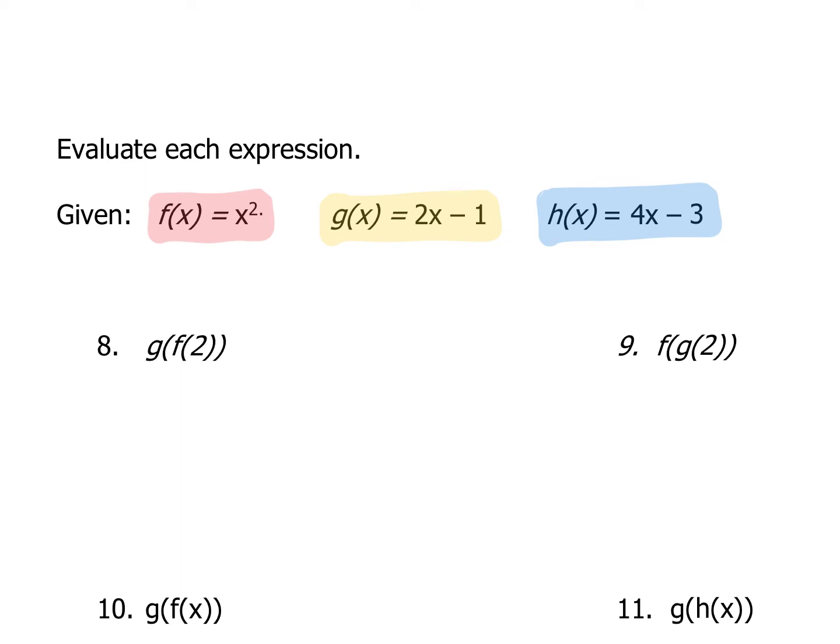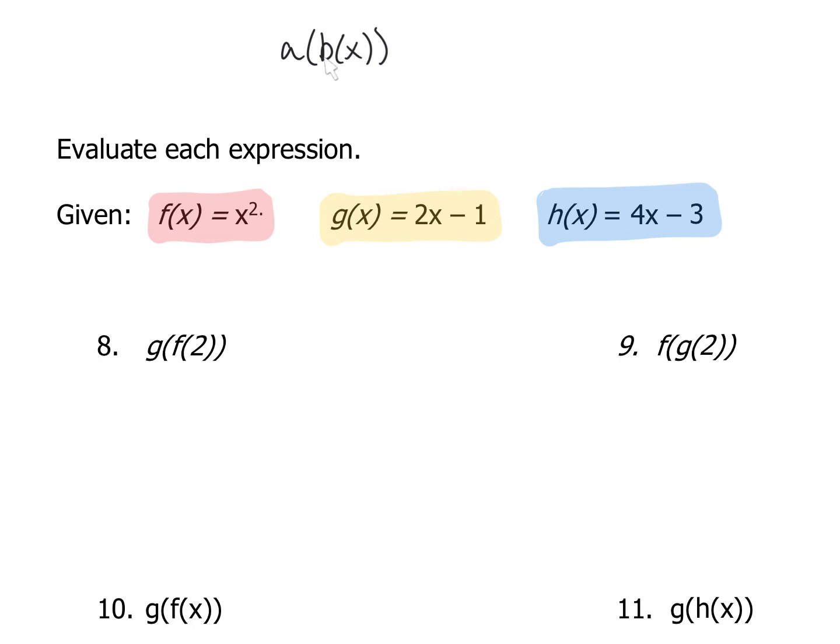So we saw that we had a function, let's call it b of x, and we could insert it for the input of another function. Let's say a of x. So I can rewrite it as a of b of x.